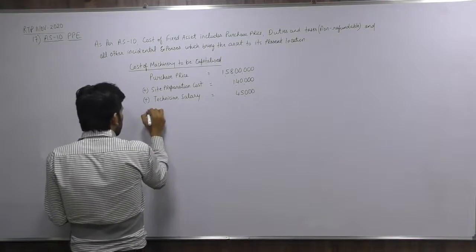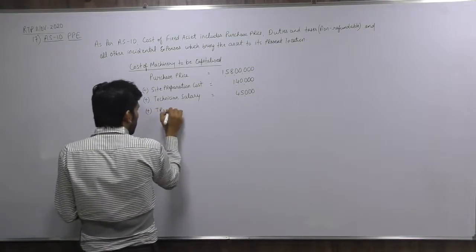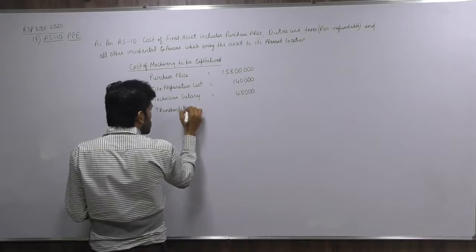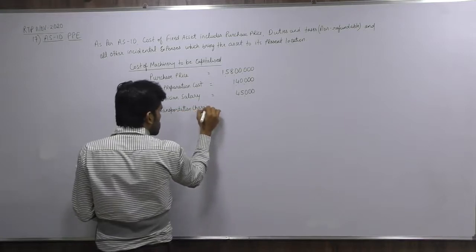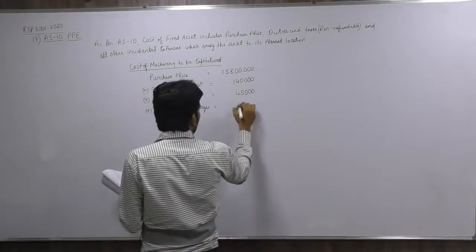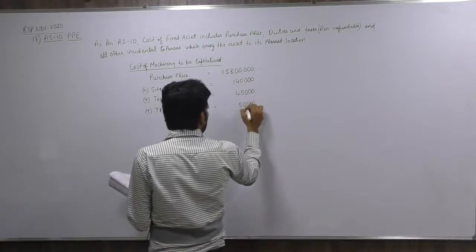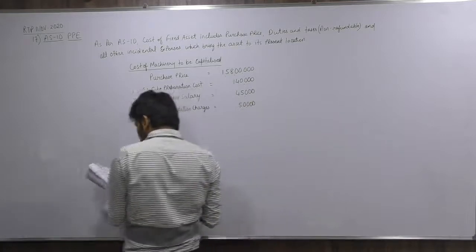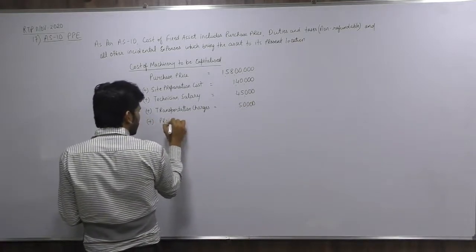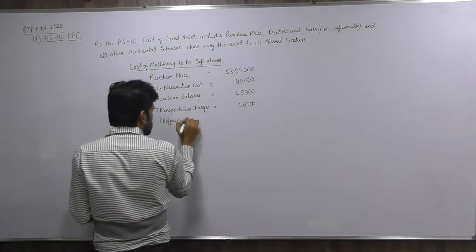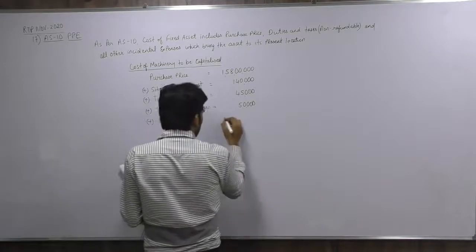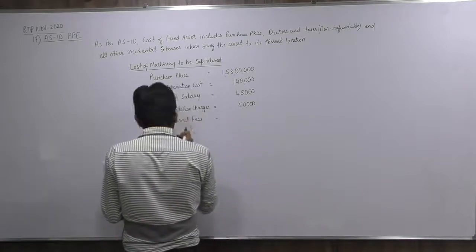Add transportation charges, 50,000. And one more thing is there, you can write professional fees. Add professional fees for installation, meaning you will write just professional fees. What is the professional fees? 30,000.